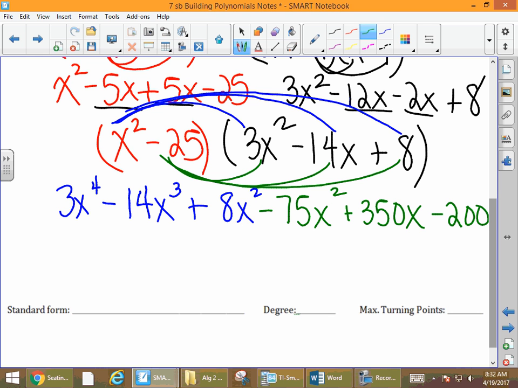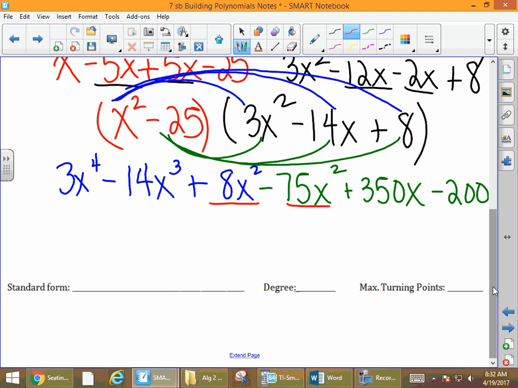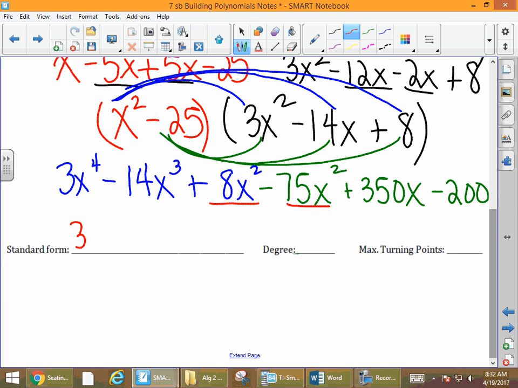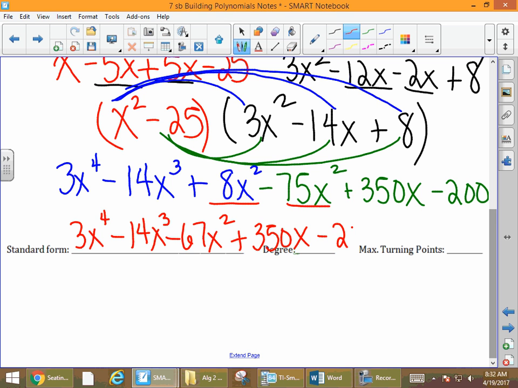So when we go back and look, there's not actually very much of like terms here. We've got this and this. So our standard form is 3x to the 4th minus 14x cubed minus 67x squared plus 350x minus 200.